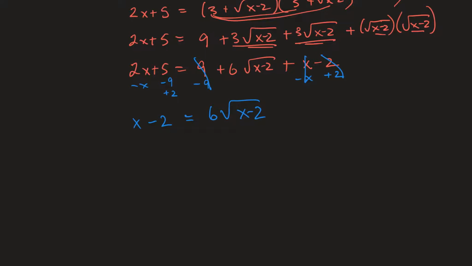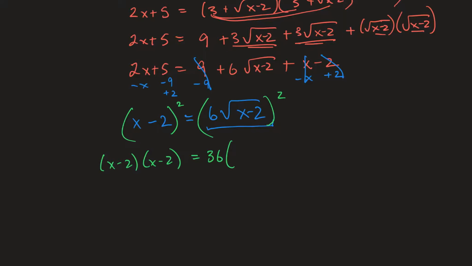So now I've isolated this square root sign again, so now I can square both sides. So I'll square this, and I'll square this. On the left, that'll be 2 of these, which I'll need to FOIL, is equal to, on this side, I have to square the 6, so that'll be 36.